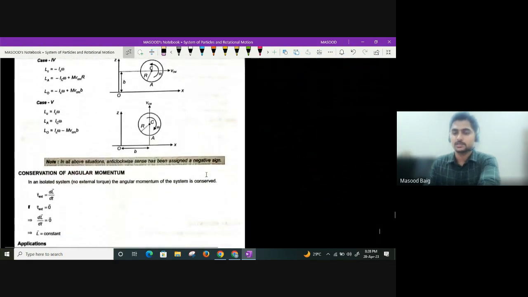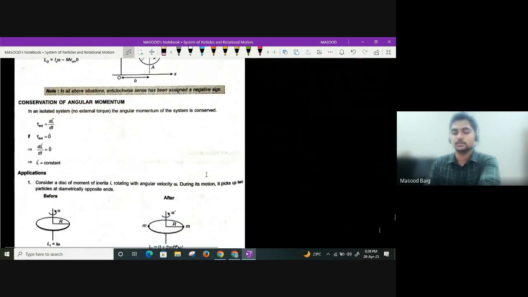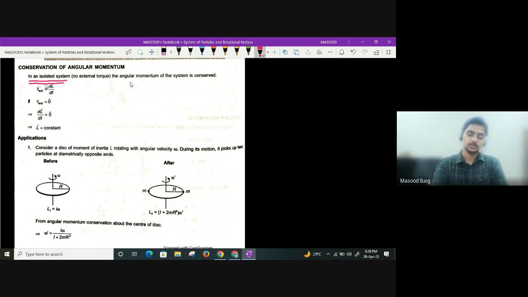Then we have conservation. Just like we have conservation of linear momentum, in the same manner we have conservation of angular momentum. What is conservation of linear momentum? If there is no external force, if net external force is zero, linear momentum will remain conserved. In the same manner, if you have an isolated system, meaning there is no external torque acting on the system, the angular momentum of the system will remain conserved.